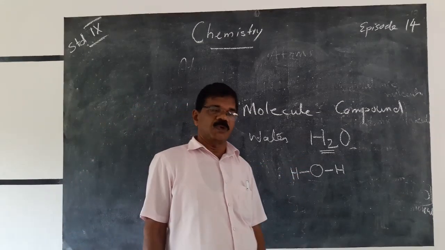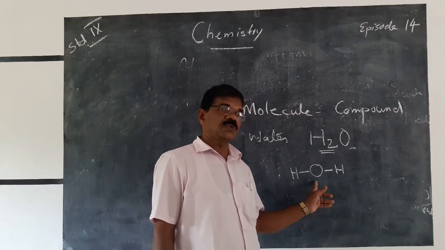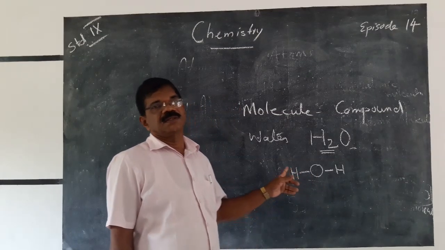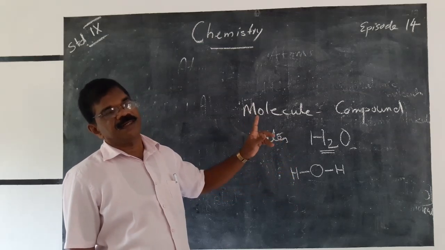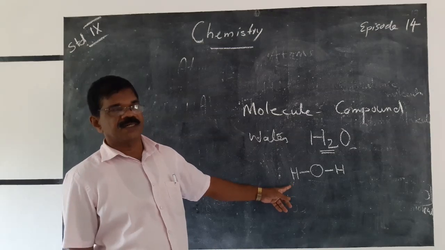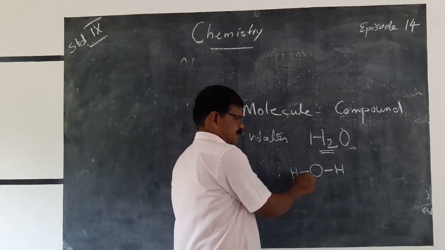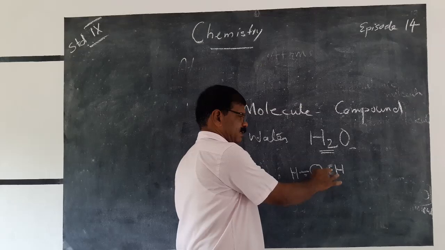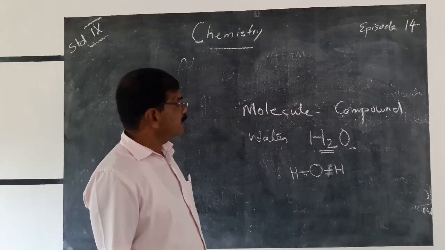The definition of a molecule is a group of 2 or more atoms. How many atoms here? Three atoms. They are chemically bonded, attracted by the force of attraction between the atoms of oxygen and hydrogen.